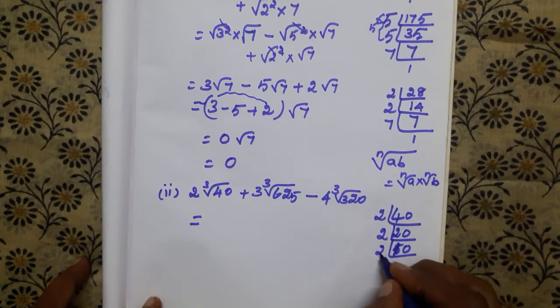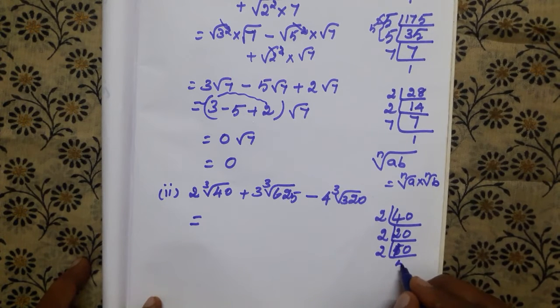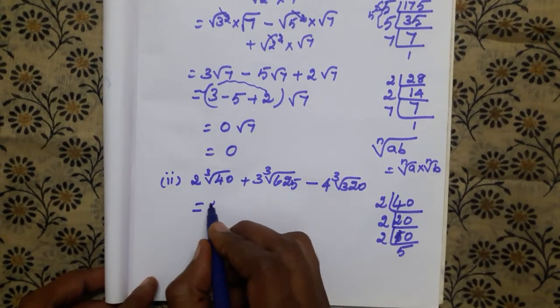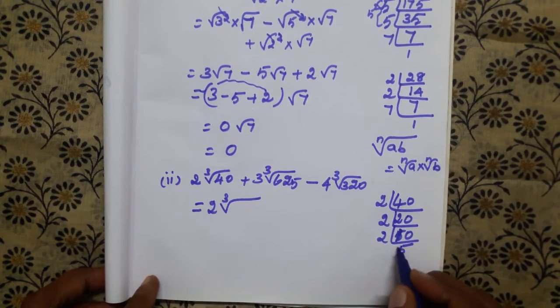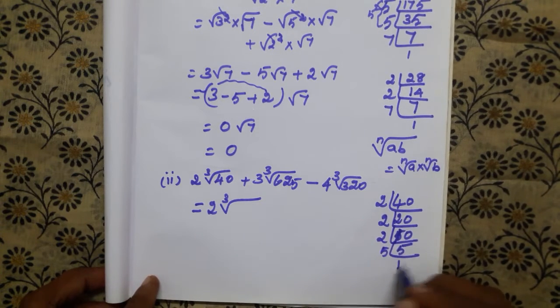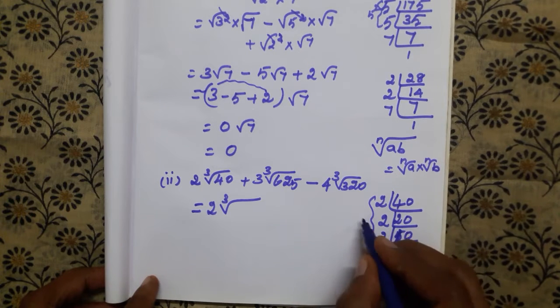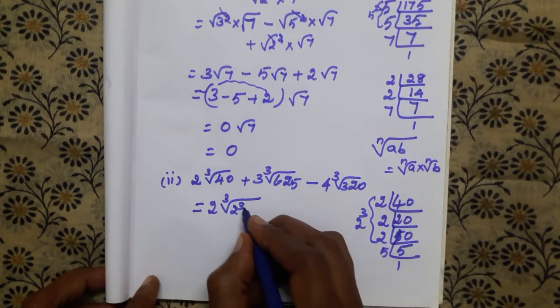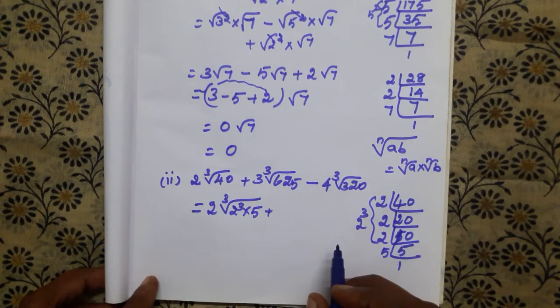Next again 2 table, 5 2s are 10, 5 1. So these three numbers 2, 2, 2. 2 into 2 into 2, 2 cube. 2 cube into 5.